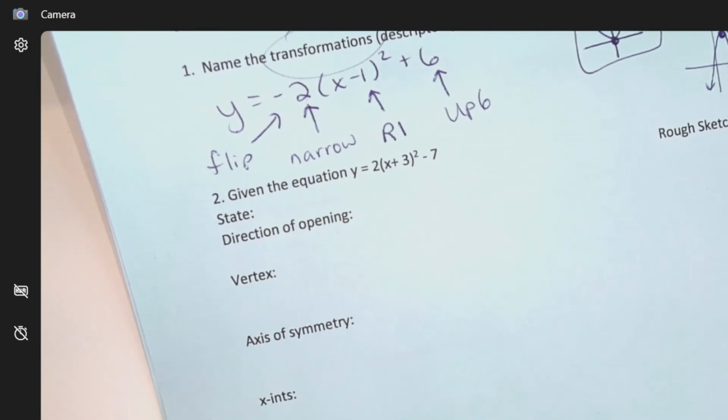Okay, let's go graph this. Go ahead, type it in.